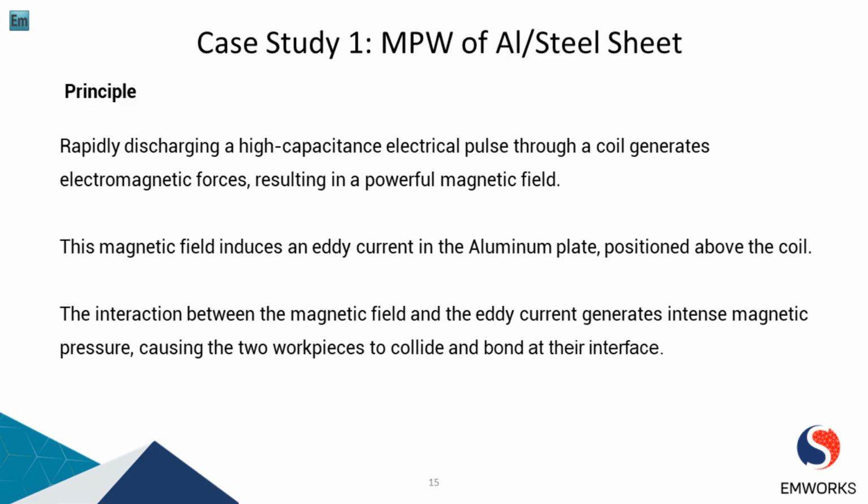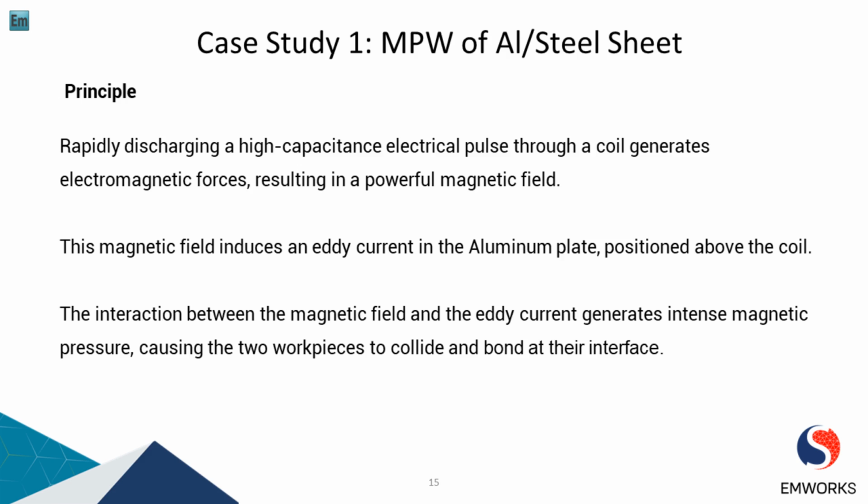This magnetic field in turn induces a current known as the eddy current in one of the workpieces, typically the one positioned below the coil. The interaction between the magnetic field and the eddy current leads to the creation of intense magnetic pressure, and this pressure causes the two workpieces, the flyer plate and the parent plate, to collide and bond at their interface, resulting in a solid state weld joint.